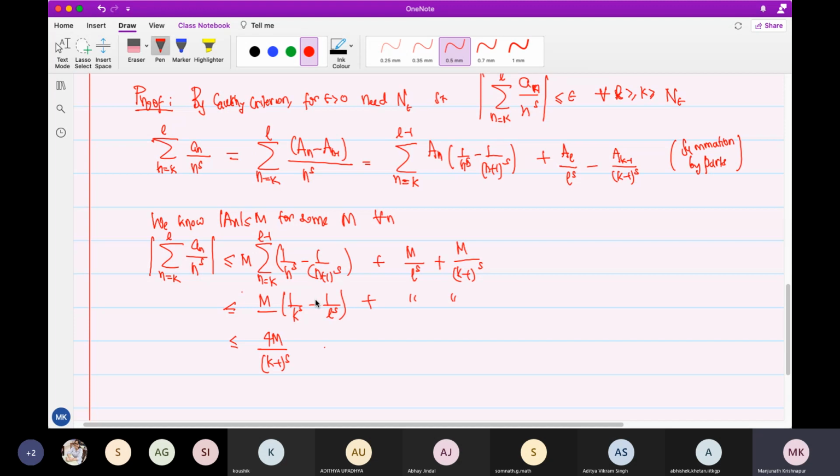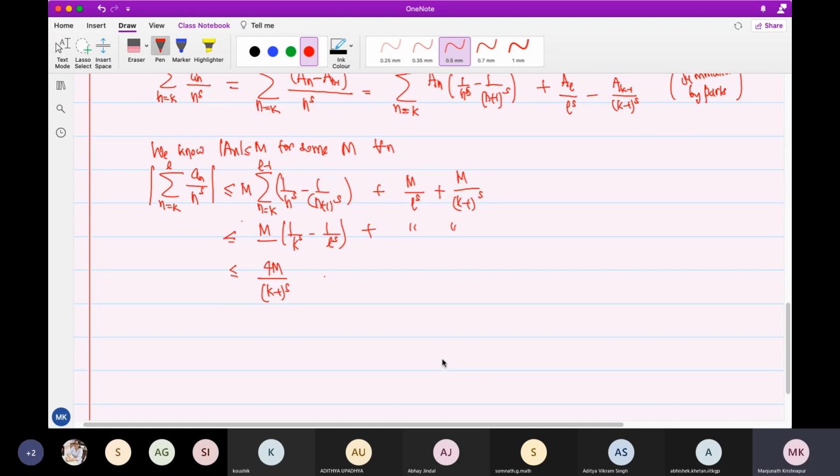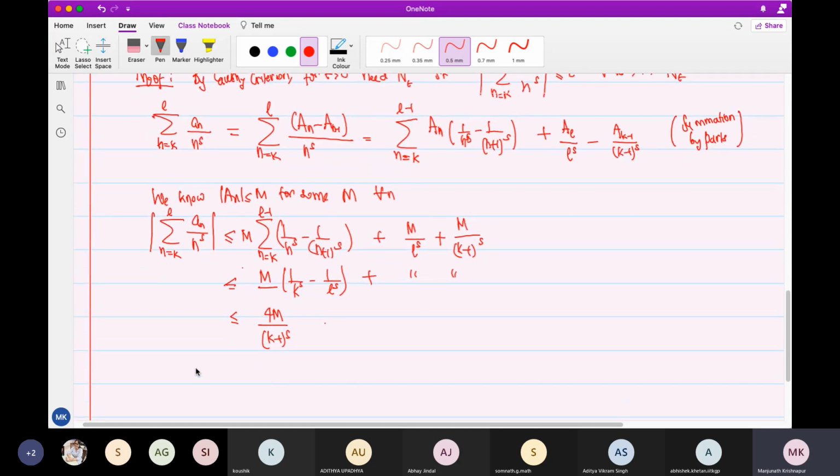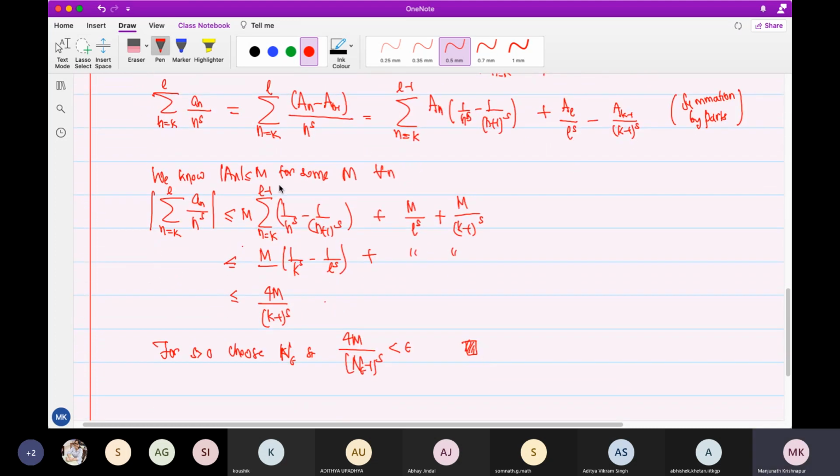From this, you see that if s is positive, you can make it small, right? So for s positive, choose k n epsilon such that m by n epsilon minus 1 to the power s is smaller than epsilon. So that's the trick. I went over it in detail. There is only one idea, namely the summation by parts idea, to utilize the oscillatory nature of the An.